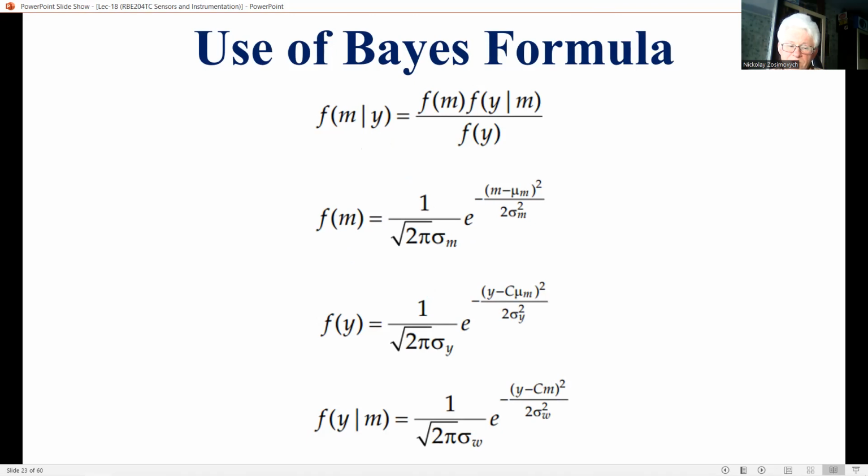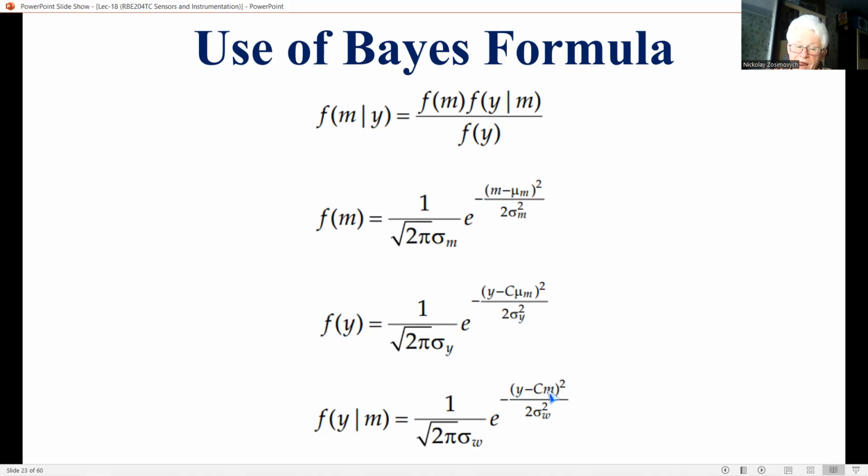We have the following normal Gaussian PDF, as you may see in the equation here, for f of Y given M. Once M is given, the randomness in Y comes only from W, and hence the variance of Y given M is the same as the variance of W. Also, once M is given, the mean value of Y is C M, so we get this C M expression.